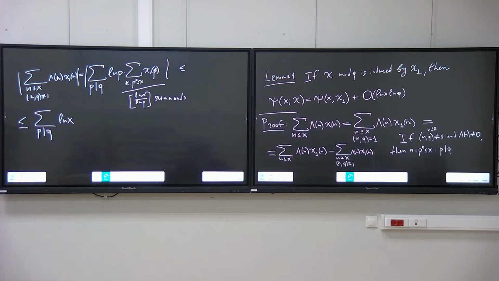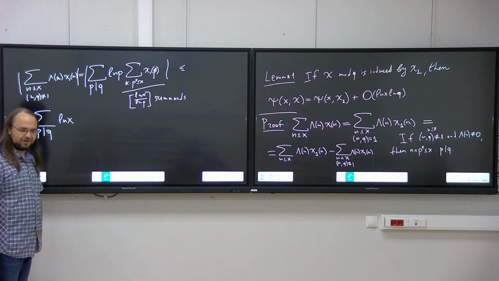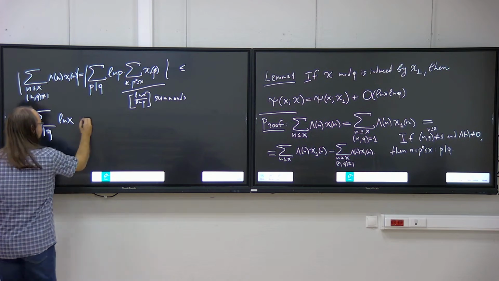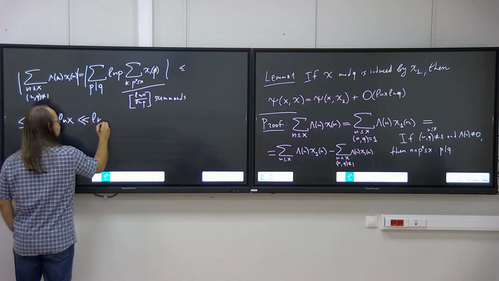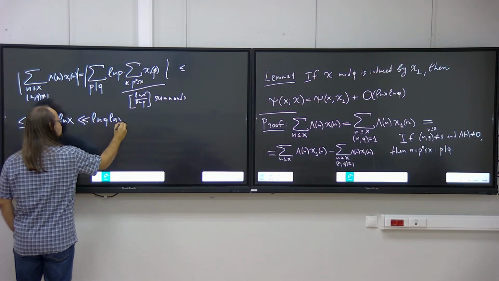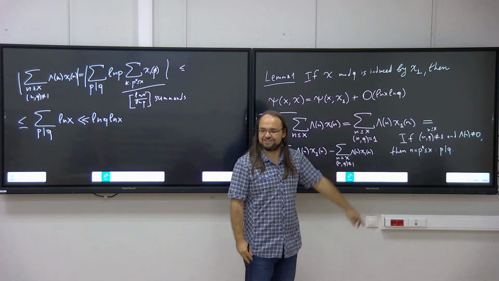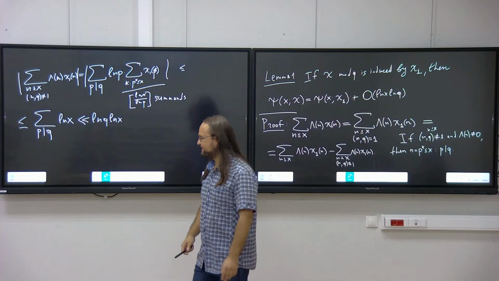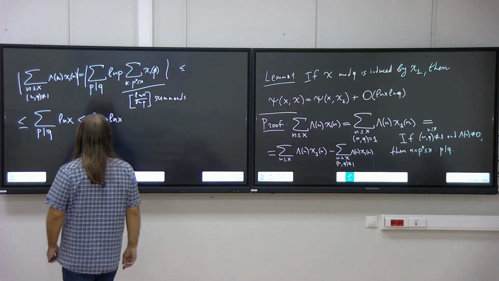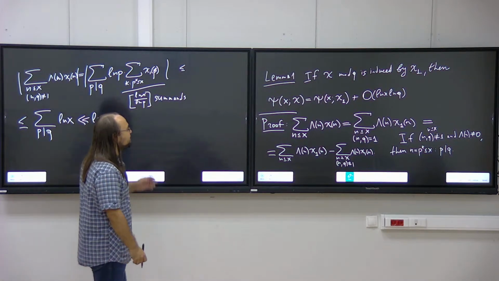And the number of prime factors of q is at most logarithm of q. This is even a little bit generous because you can write an additional double logarithm in the denominator, but we do not care about such small terms, so it's enough for our purposes.